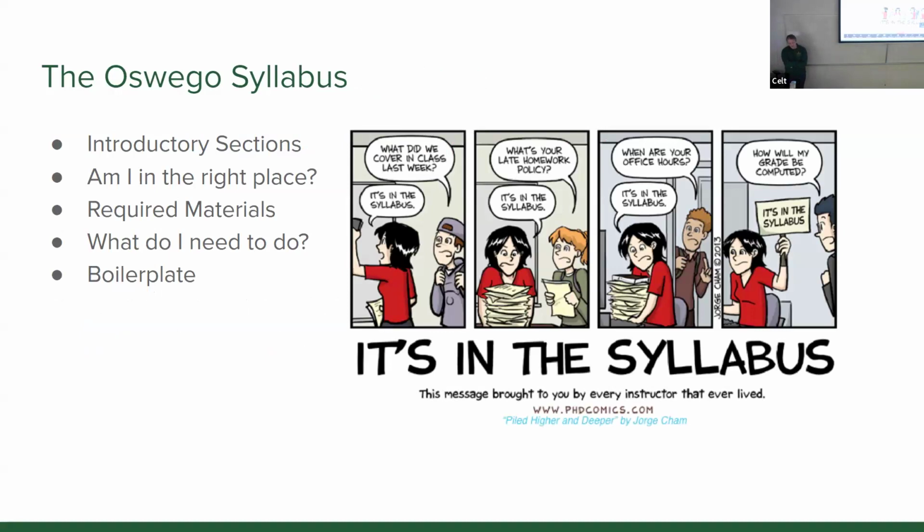And it's also where I would start with my backwards design. As we look at the different sections available in the syllabus, you'll see different areas that you can fill in and sort of work backwards.